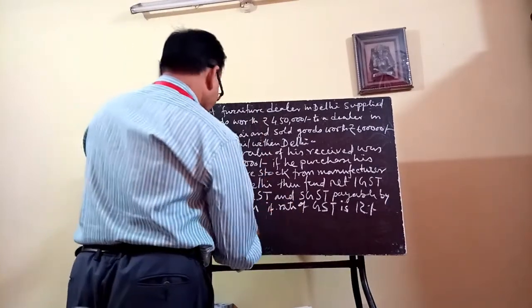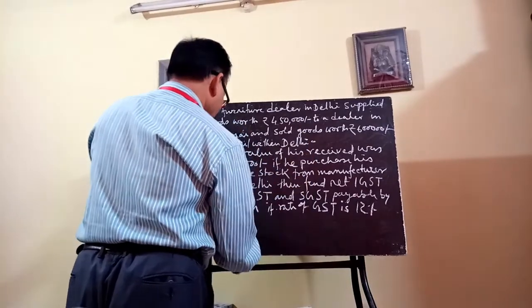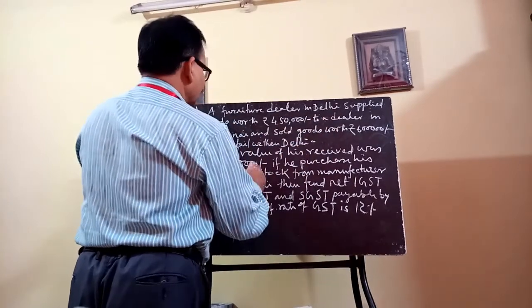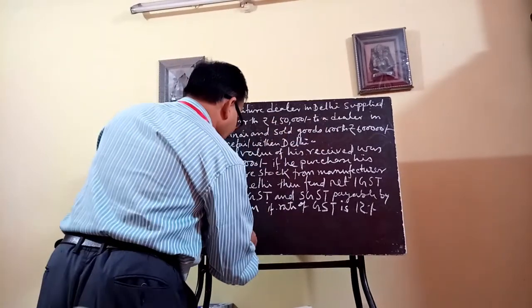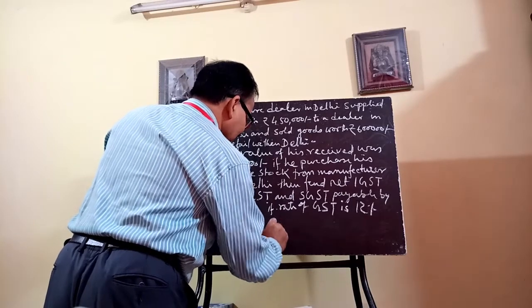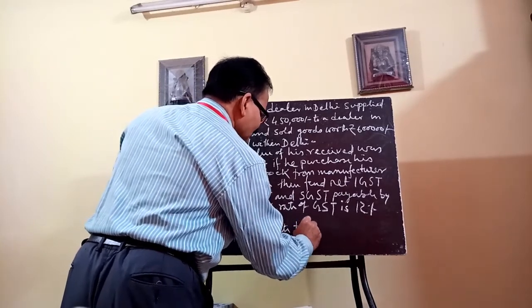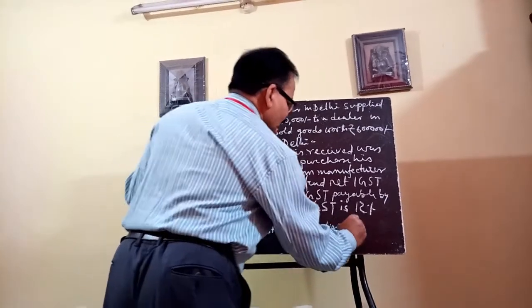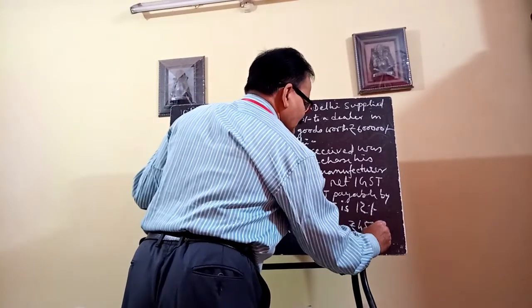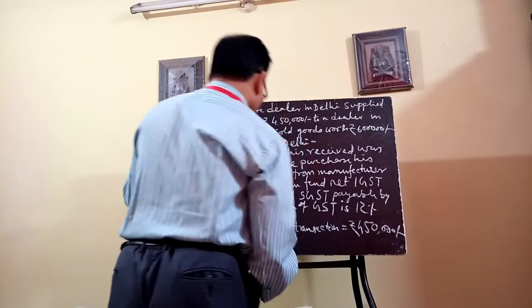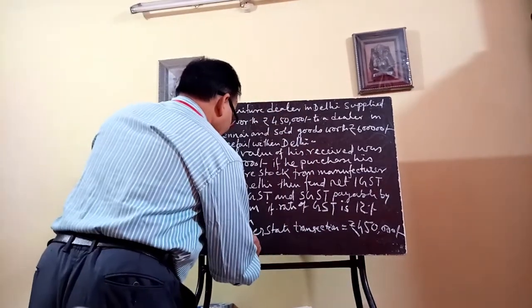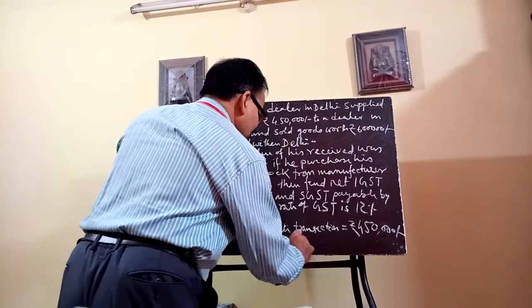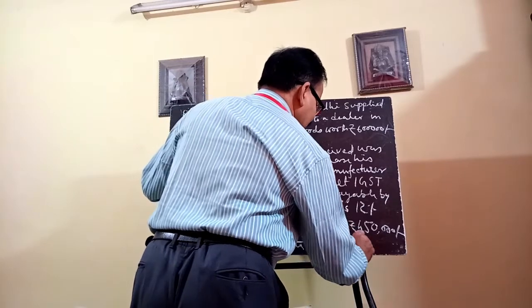That is, for your dealer, interstate transaction of furniture is your rupees 4,50,000, and intrastate transaction of rupees 6 lakh.